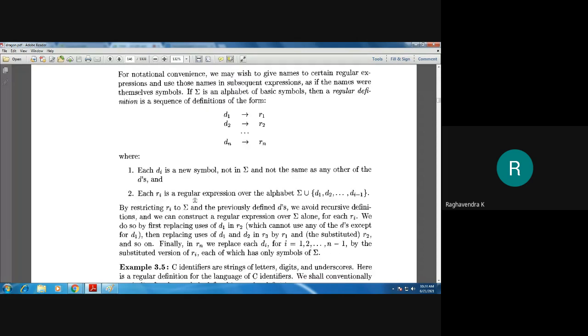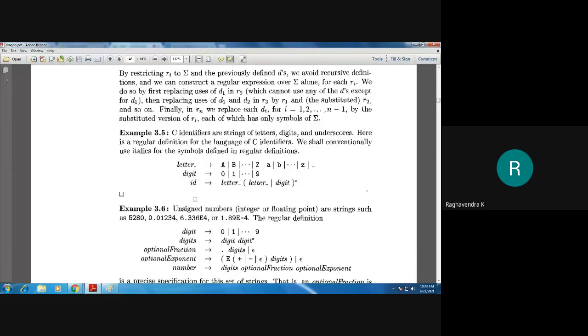So how do we define a name? For example, just check this out. What is A or B or C up to Z, and small a, b, c? All of these things are nothing but letters, right?